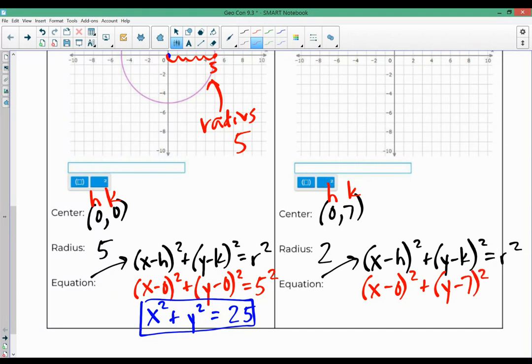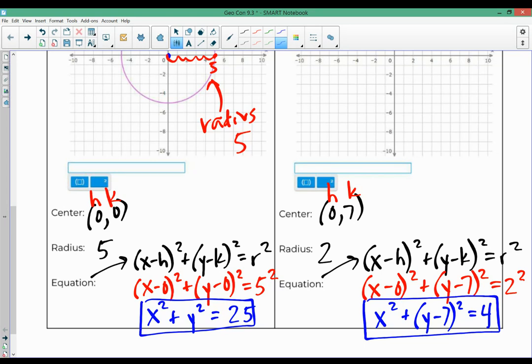I'm not changing the sign. Since 7 goes here, 7 goes there. Equals 2 squared. And then since that's minus 0, I can just leave it as x squared plus, this I'll have to keep in parentheses, (y minus 7) squared equals 4. And that's it.